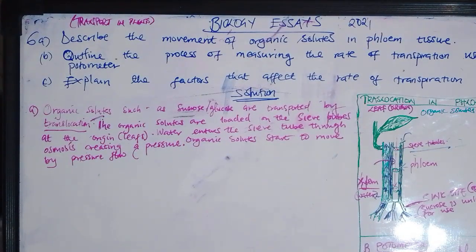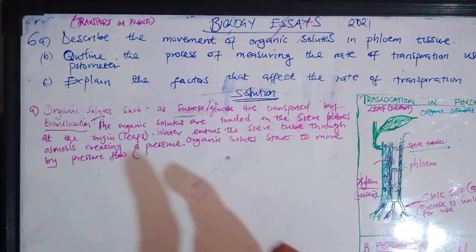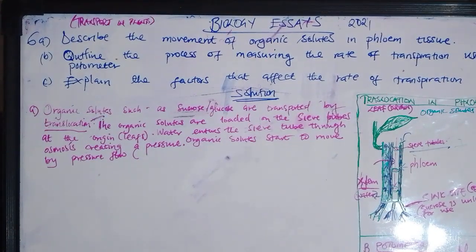Whenever we talk about pressure flow, this is the movement of molecules from the area of higher concentration to the area of lower concentration. So here we are saying that in the leaves, we have a lot of organic solute. So it is moving away from where it is higher to where it is lower.